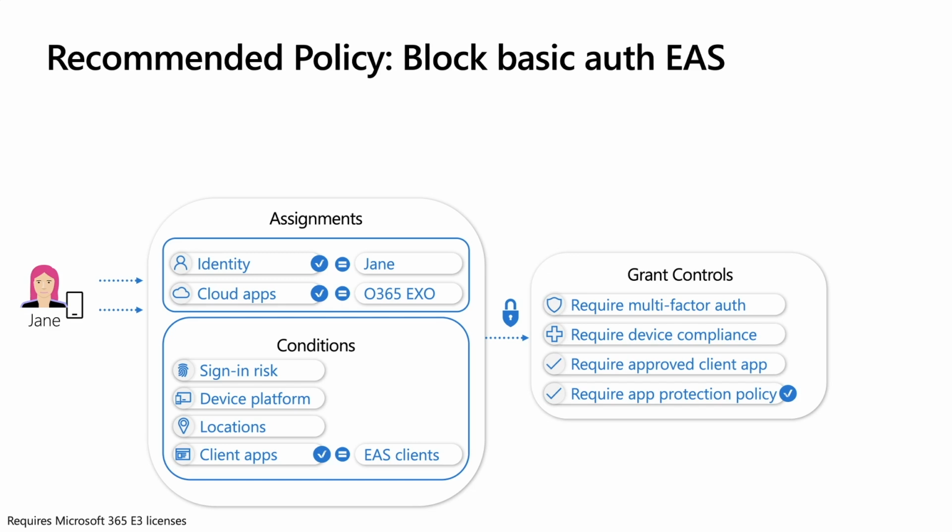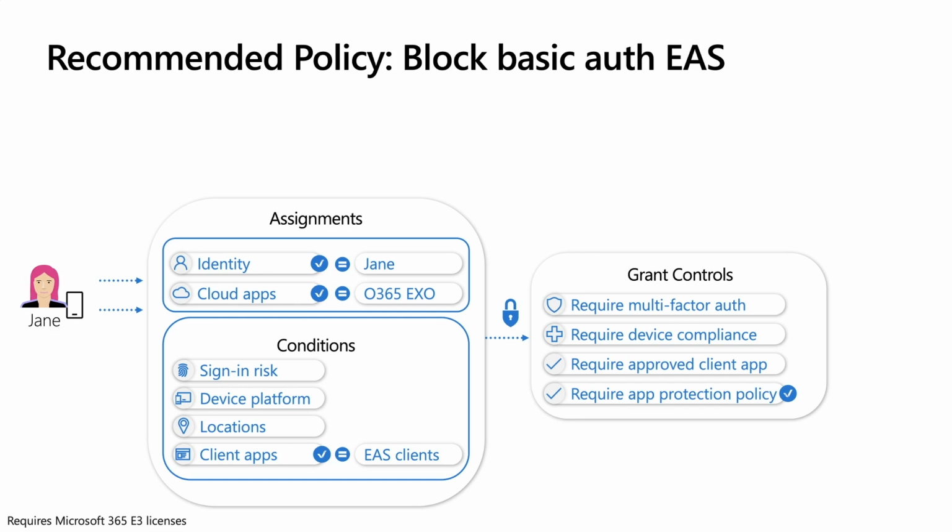We don't need to worry about device platform in this case because we want to apply this policy against all device platforms. And in fact, there are ActiveSync clients on mobile devices that don't always accurately report the device platform. So we need to be more broad in this policy application as a result. Now you may think this may be a straight block access type of policy, but in fact, I'm going to trick you up by telling you it's an allow policy.